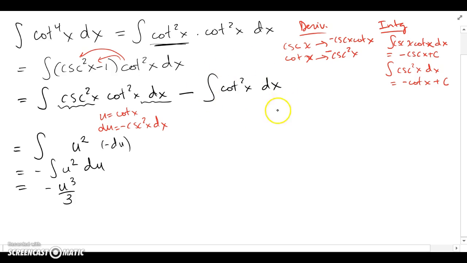Of course, I still have this in the back of my mind because I have to deal with that. So I end up with negative cotangent cubed x over 3 for now. Now let's move on to this piece. Of course, there's a minus out in the front to deal with also, and see what we can do here.